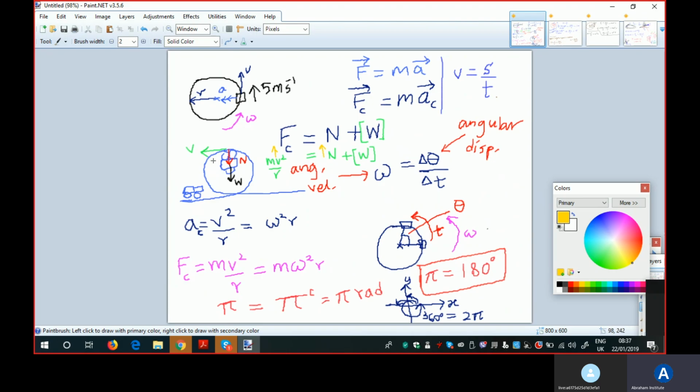Do you get it? The faster you go, there will be a greater n. The normal contact force will be greater because the car pushes down to the ground. The faster it goes, you can think it pushes down upside down this way. The more it presses down onto the surface, the greater will be the normal contact force.